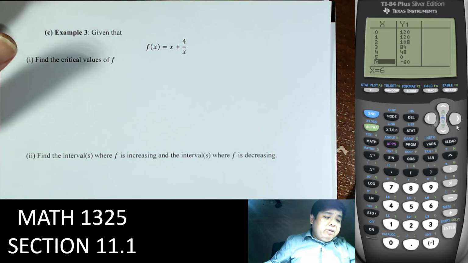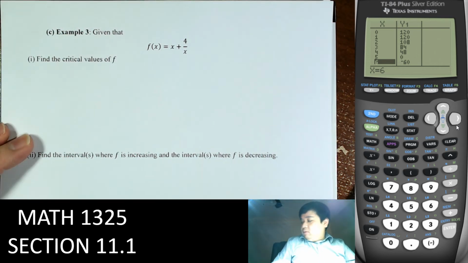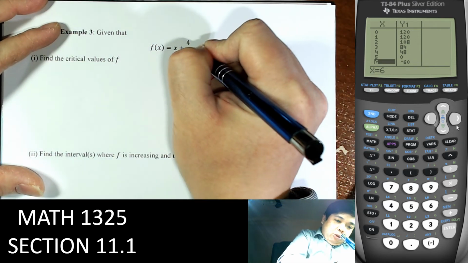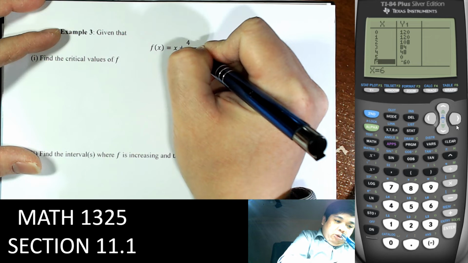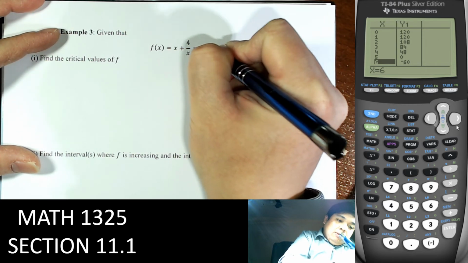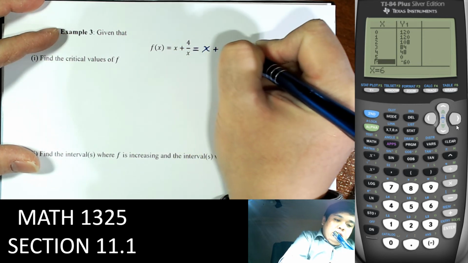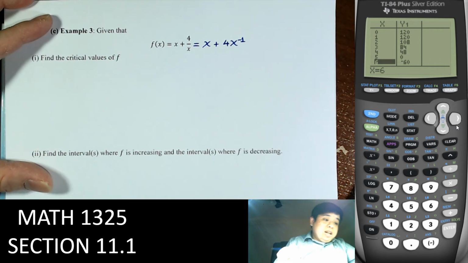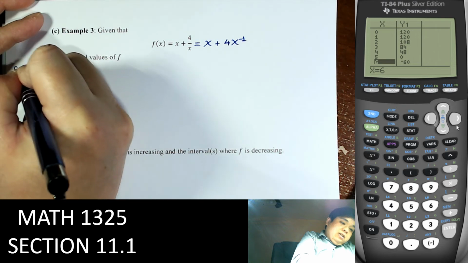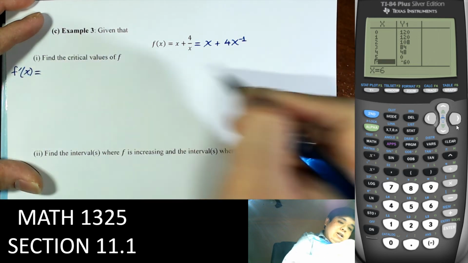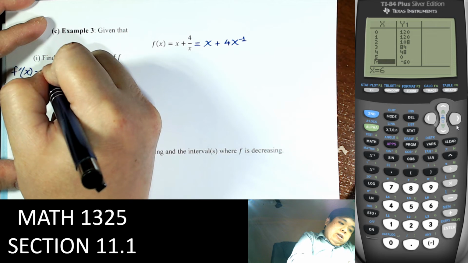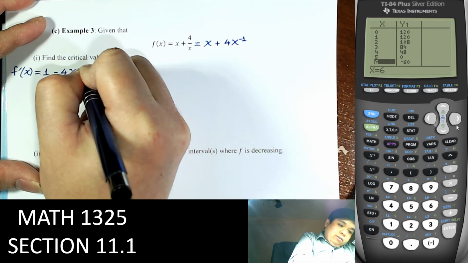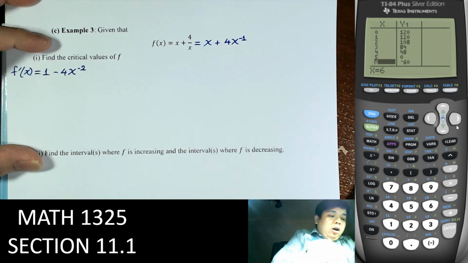So first, I will take the derivative of this function. Right. So now I will take the derivative of this, and we'll rewrite this as 4 over x to negative 1, so we can check the derivative easier. Derivative of x is 1. Derivative of that is negative 4 x to negative 2, right?